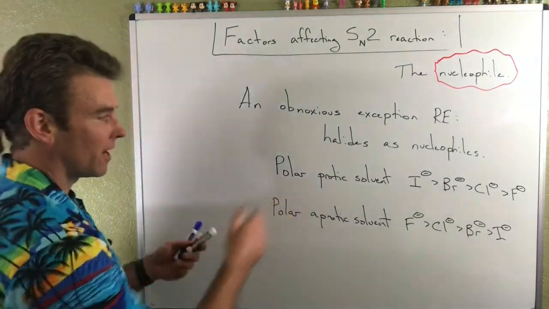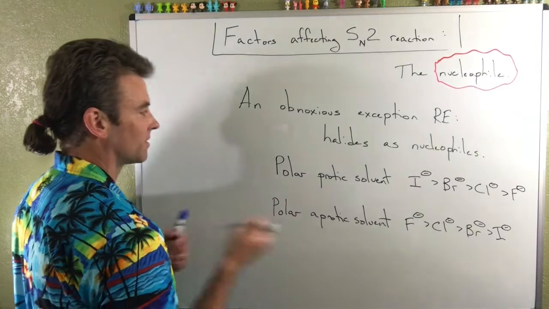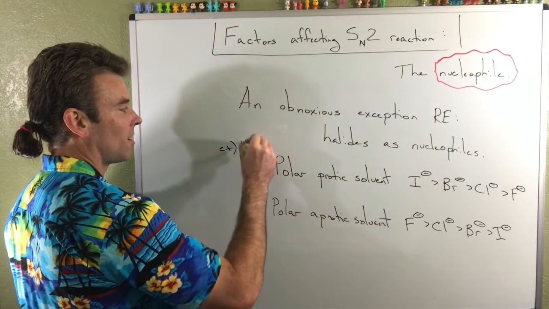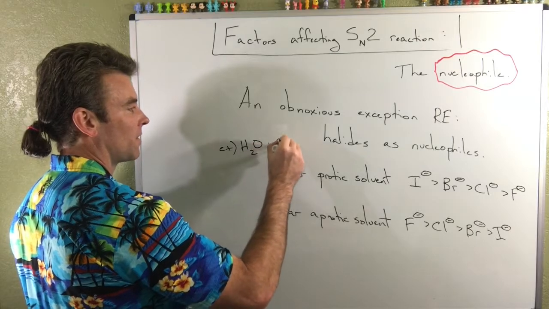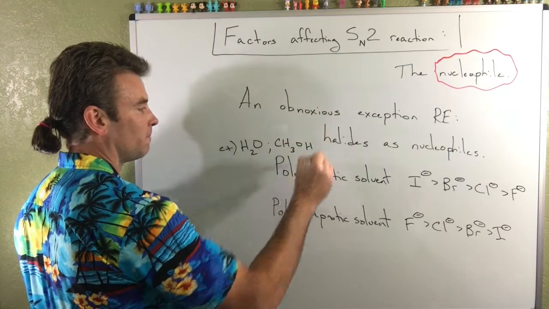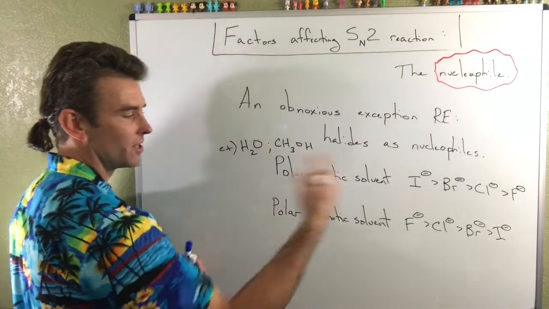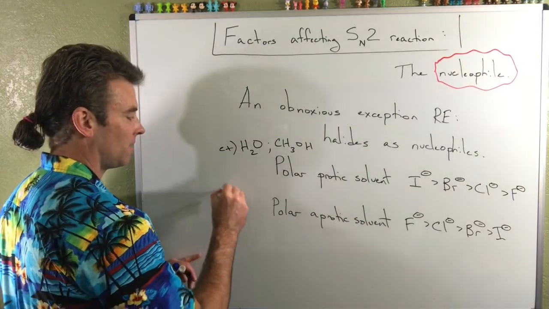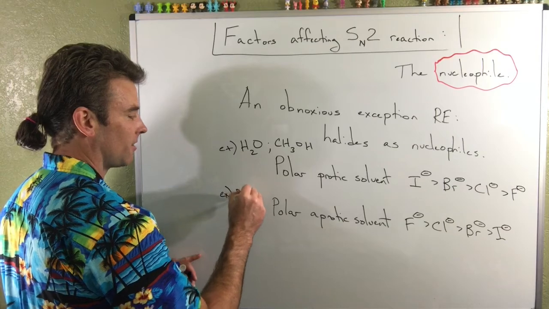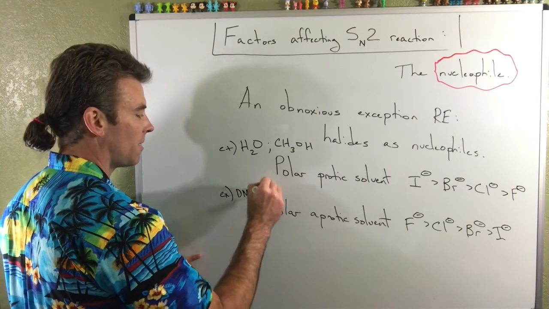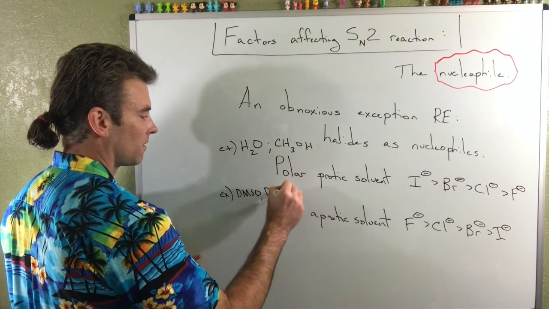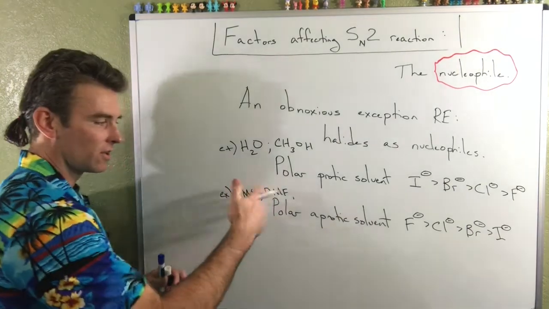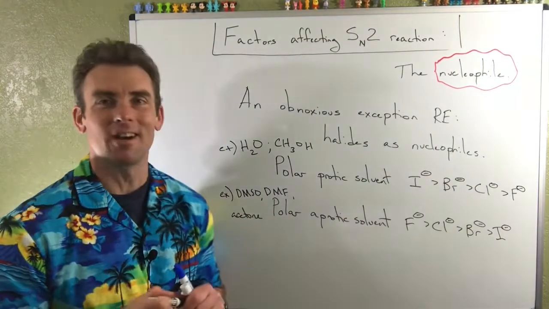So polar protic solvents, for our examples, will be water, methanol, etc. We'll learn a whole bunch of polar aprotic solvents in that coming lecture, but things like DMSO, DMF, acetone, all just, like I said, we'll talk about it.